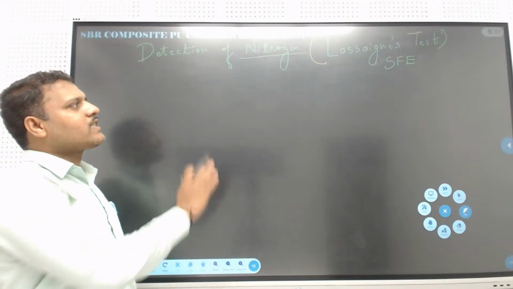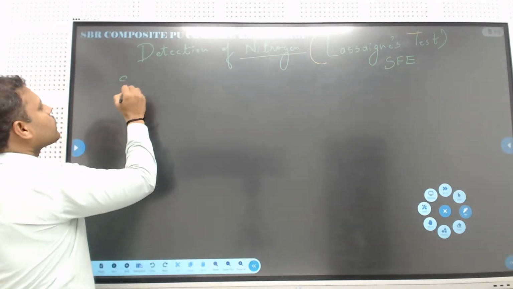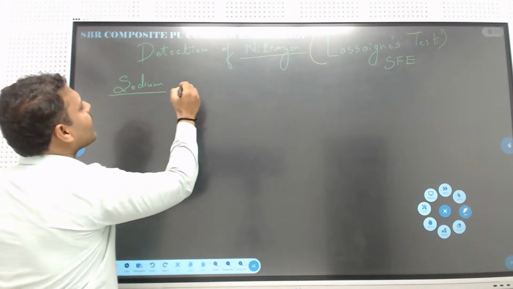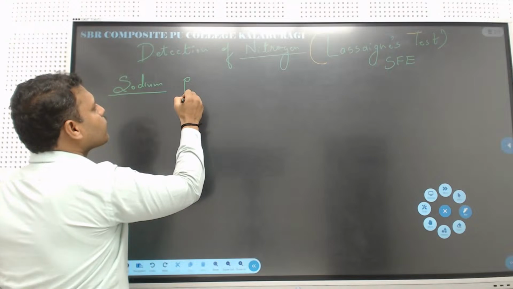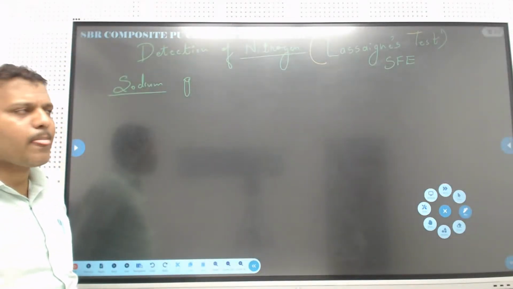In order to understand this Lassaigne's test, we require sodium metal and a small fusion tube into which the organic compound is taken.